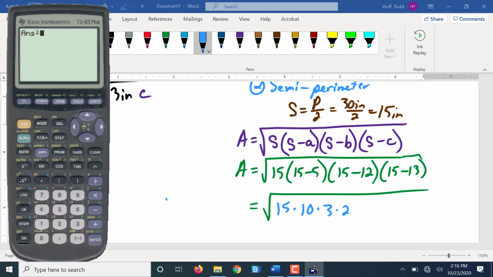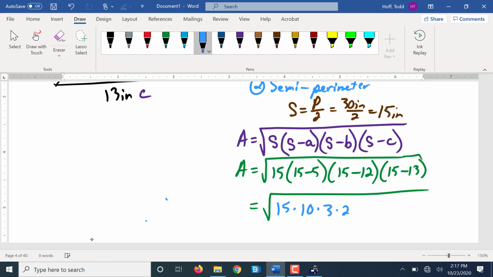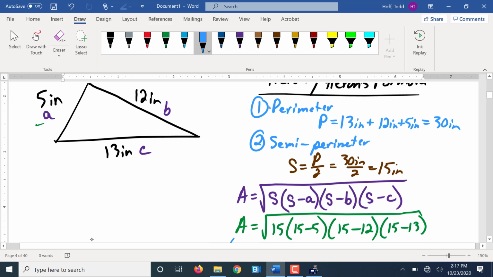Okay, so you still have to square root it then. Comes up to 30, right? So the area is 30 square inches.